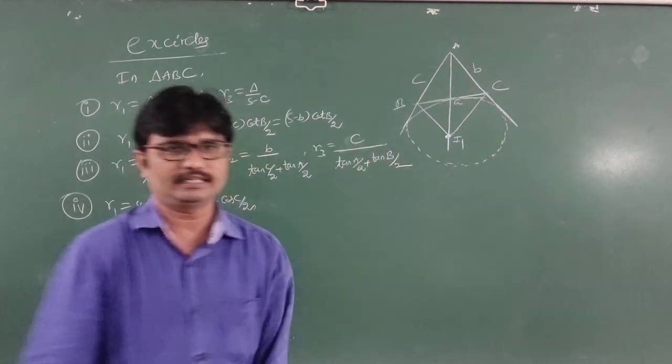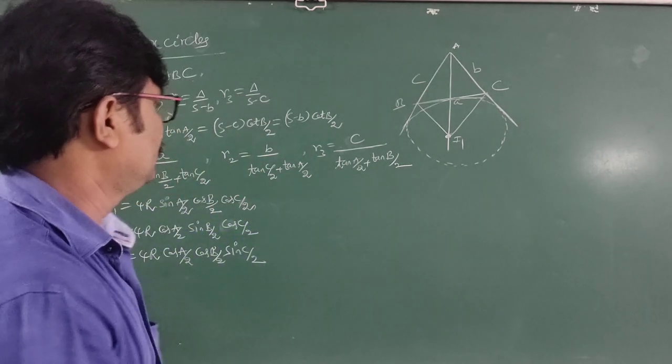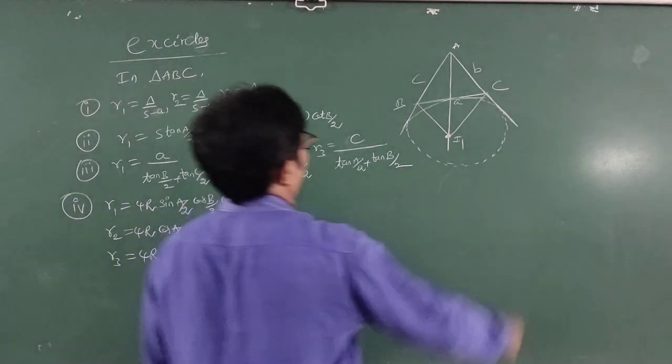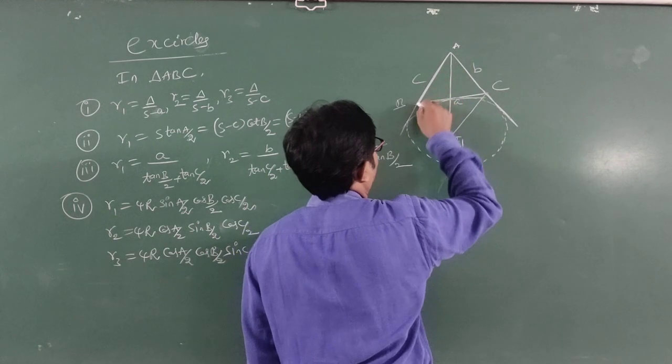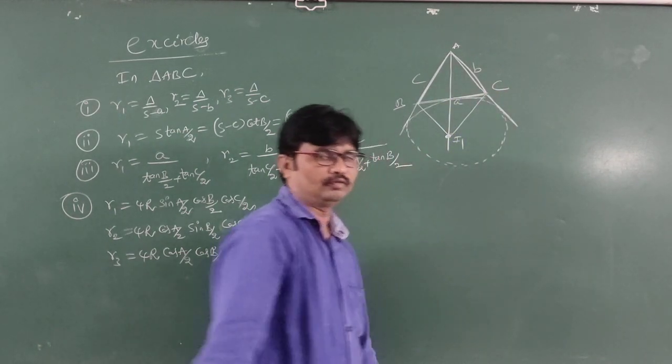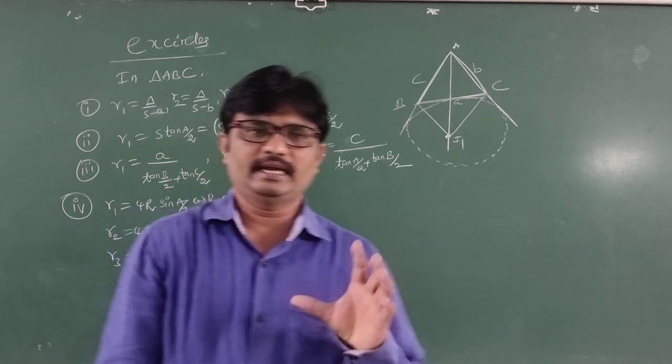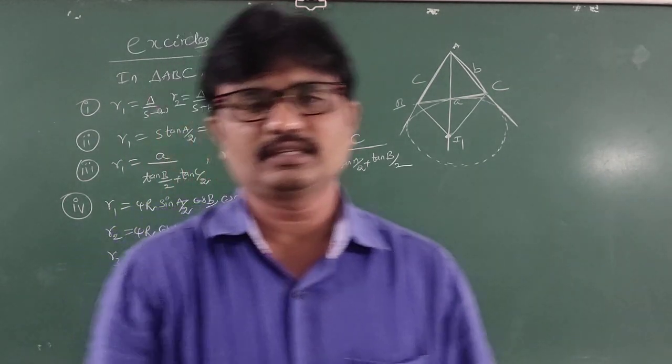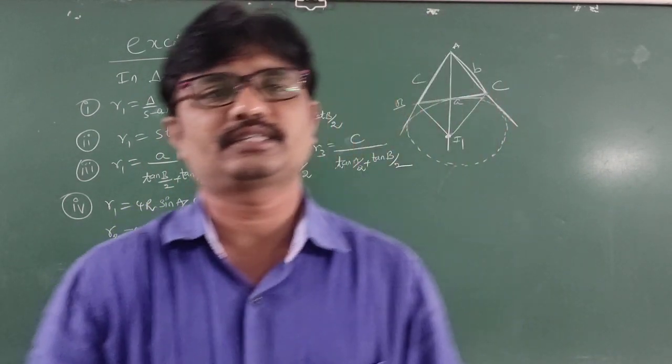So, my dear students, here this is the area of the triangle ABC. The excircle means a circle that touches the 3 sides externally.